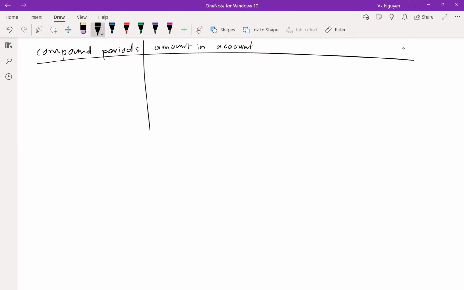The first compound period is 1/n year. So we have P plus P times r over n, which is P; you can factor out the P and then you have 1 plus r over n.